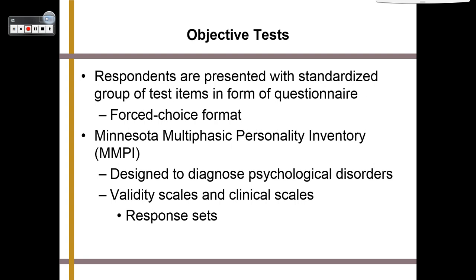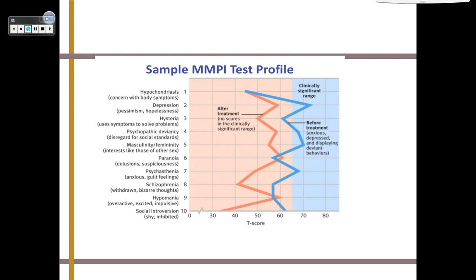Okay, moving on. We want to talk about a specific test. The MMPI stands for the Minnesota Multiphasic Personality Inventory. It is designed to diagnose psychological disorders and uses both validity scales to determine that the test is legit and clinical scales to figure out what disorder you might have. Here is a sample of an MMPI test profile.